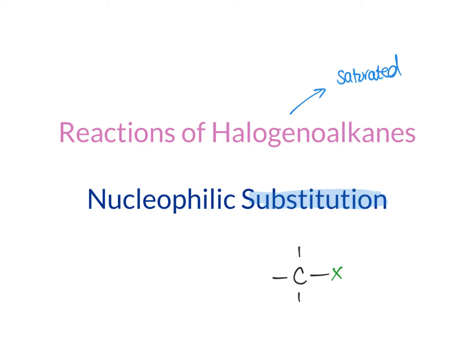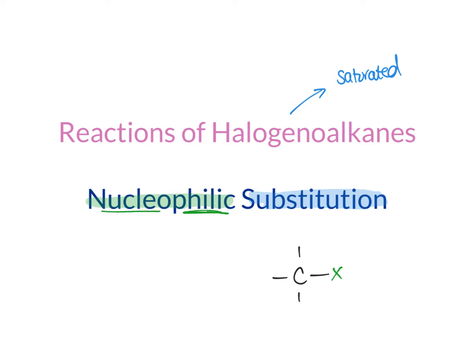Then we've got this term nucleophilic. What does that mean? That's a new term for us. We've met the term electrophilic before, but the reactions of halogenoalkanes involve nucleophiles instead of electrophiles. Just remember that bit at the end, philic or nucleophile. The phile part just means to like or be attracted to.